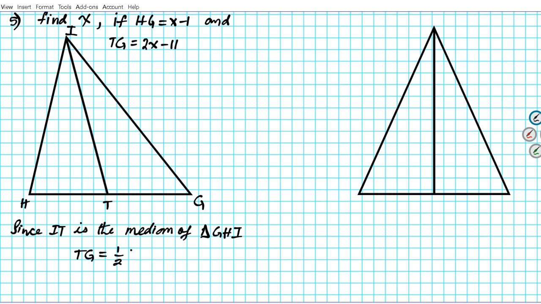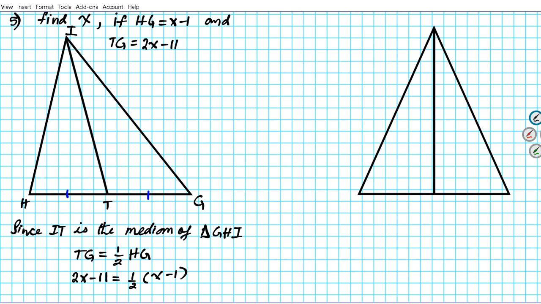It's going to be half as long as HG because segment IT bisects HG. Okay, now let's substitute the information that we have. TG is 2x minus 11 and HG is x minus 1. All right, so let's go ahead and solve this equation.